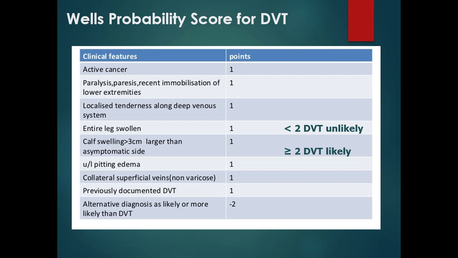So here, entire leg swelling, she has more than 3 centimeters, is 2. Pitting edema is 1. Collateral superficial veins, non-varicose veins though, and previously documented DVT. This is not the first event.